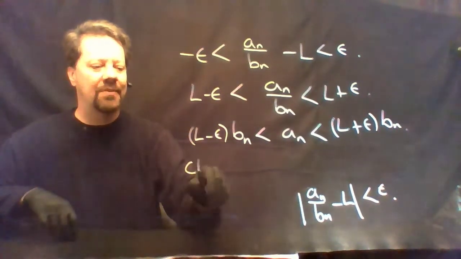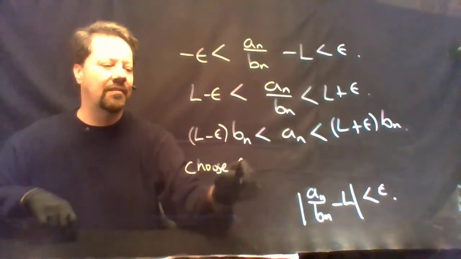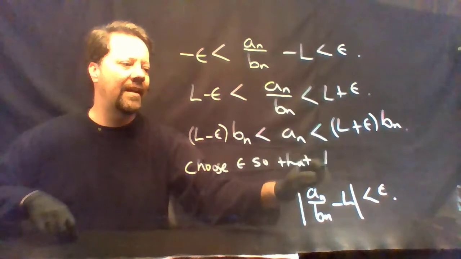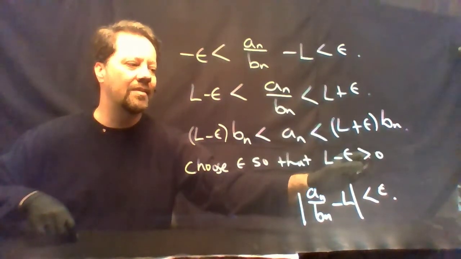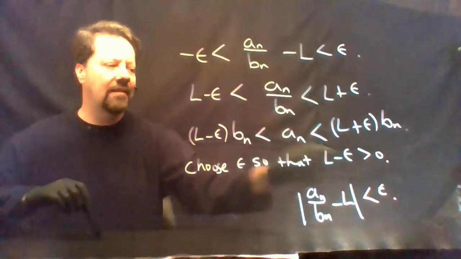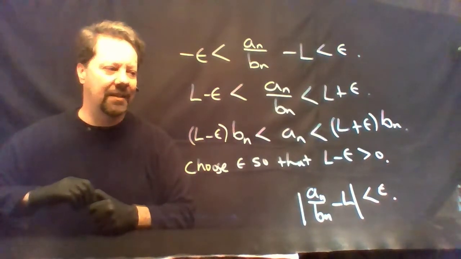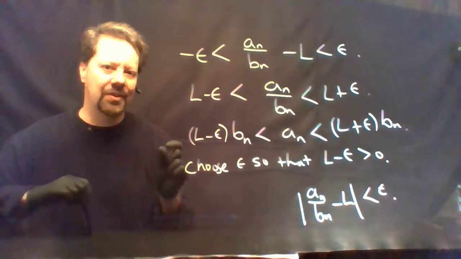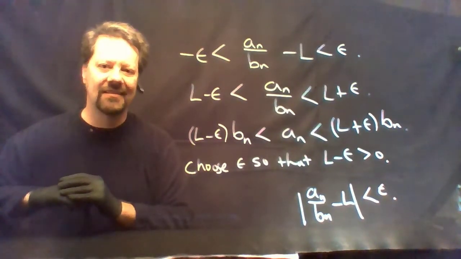Let's choose epsilon so that L minus epsilon is still positive. We'll choose epsilon to be so small that this is still positive. We know that L is positive. We'll just be sure that epsilon is so small that L minus epsilon is positive.